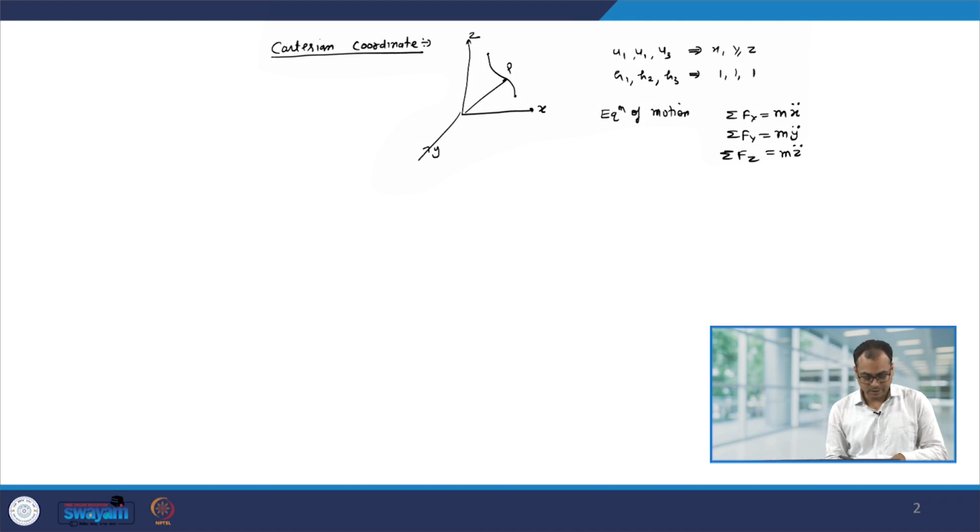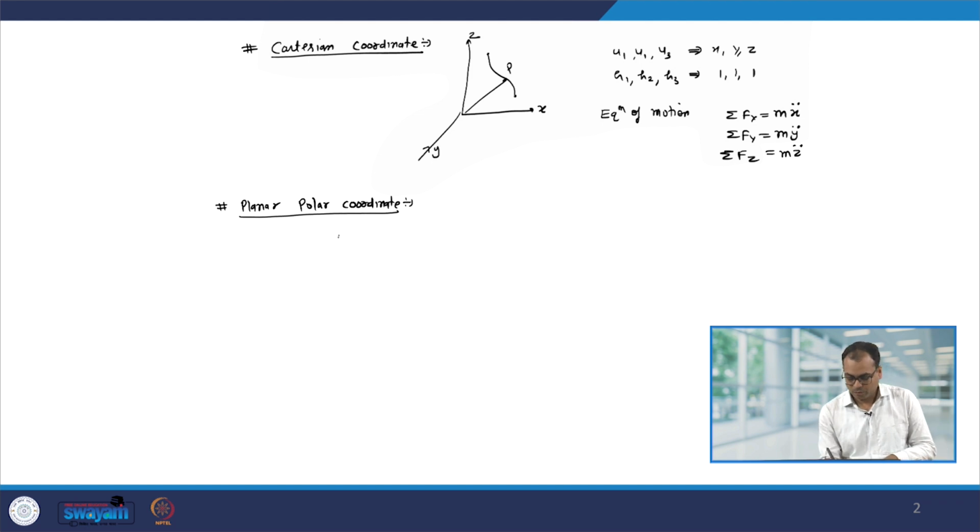In planar polar coordinate system, we have the r and theta coordinate. So, the particle moves. Its position vector is r, and the angle that it makes is theta. The unit vector along r is r cap, and in the perpendicular direction we have theta cap.